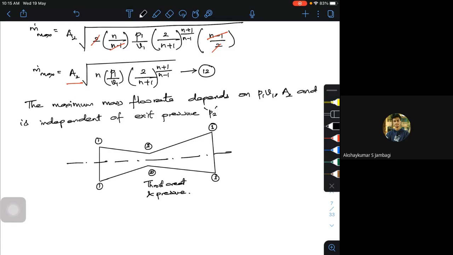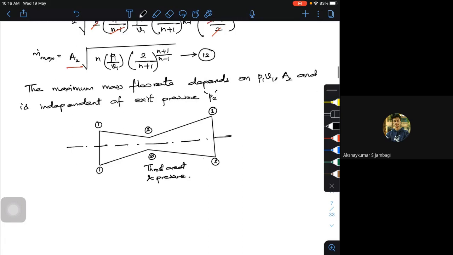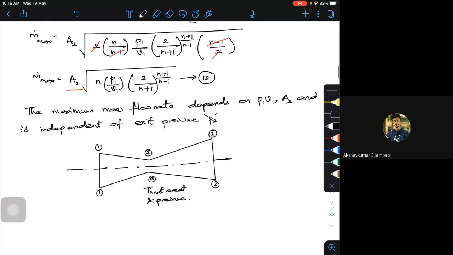So the addition of the divergent part, what we have in a CD nozzle after the throat, will not have any effect on the mass flow rate. That means this A2 becomes critical. Remember we use something called A star.